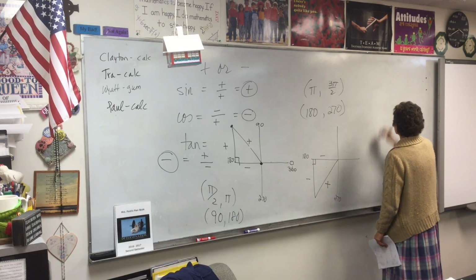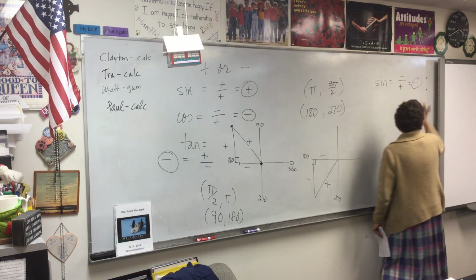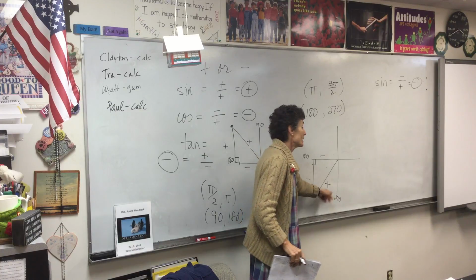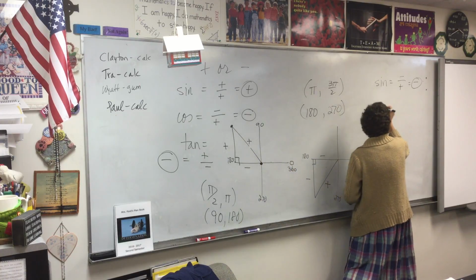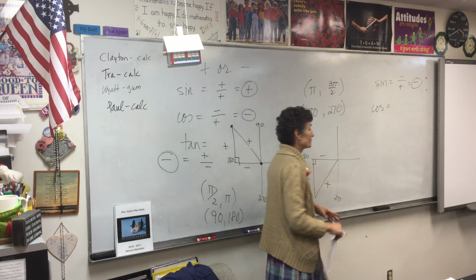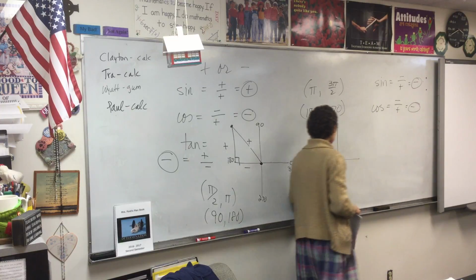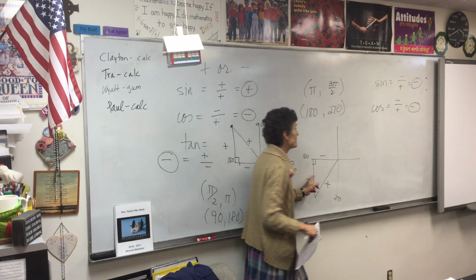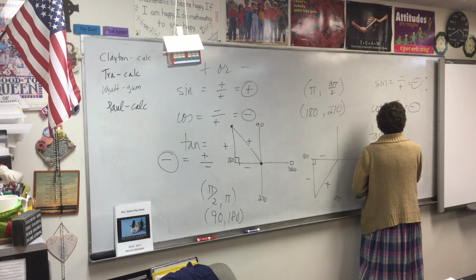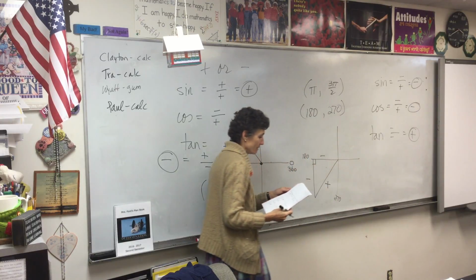What's the sign going to be? Negative. It's negative over positive, which is negative. Opposite over hypotenuse. Tell me about the cosine. Negative over positive. Tell me about the tangent. Negative over negative, which is positive. So your tangent is positive.